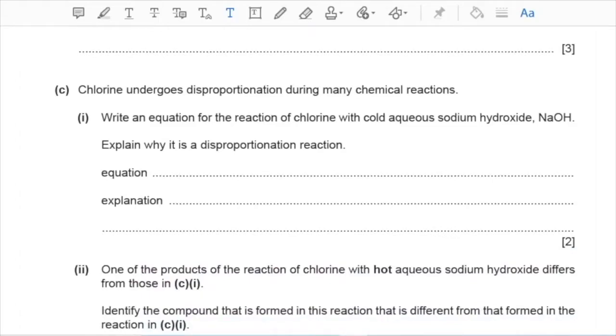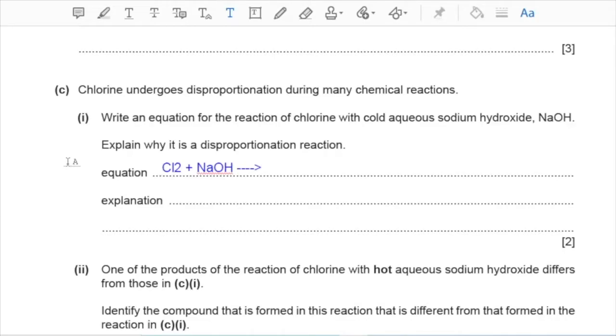Part C, chlorine undergoes disproportionation during many chemical reactions. Part 1, write an equation for the reaction of chlorine with cold aqueous sodium hydroxide. Explain why it is a disproportionation reaction. So the equation is chlorine reacting with NaOH.